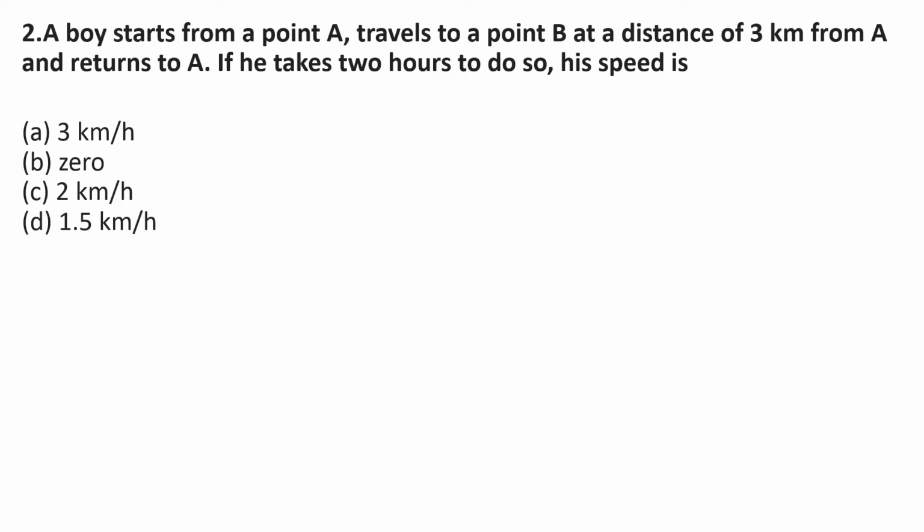In this question you have to find speed. You know the formula for speed, that is speed is equal to distance travelled by time taken. Here a boy starts from point A, then goes to point B, then again returns back to point A. In this case the total distance travelled by the boy is, while moving from A to B the distance is 3 km, and while moving from B to A again 3 km.